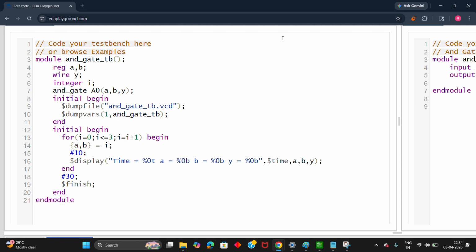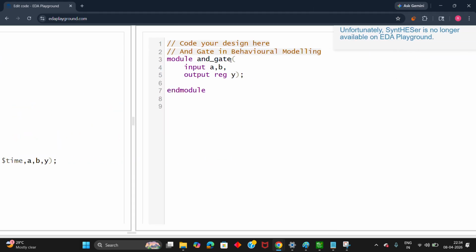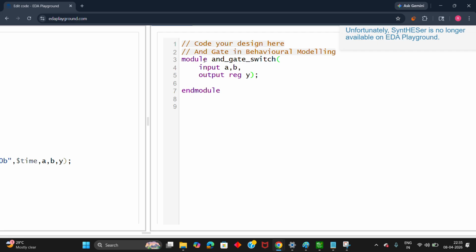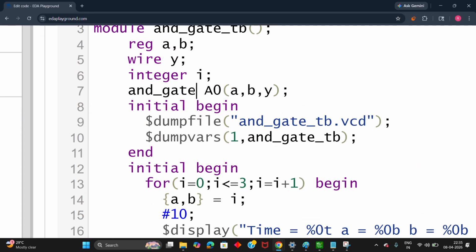For example, if I change the design module name as AND gate switch, then you need to change the instance name which you have instantiated in the test bench, like AND gate underscore switch.